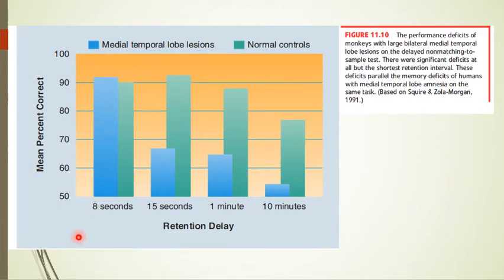So if the screen was closed for only 8 seconds, they don't differ, but after 8 seconds, they are significantly different. This is the graph for the normal control, and this is for those with medial temporal lobe lesions. So they are significantly different. These deficits parallel the memory deficits of humans with medial temporal lobe amnesia on the same task, just like HM's case.